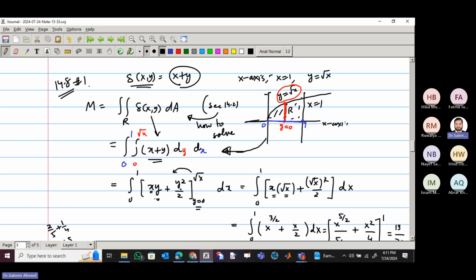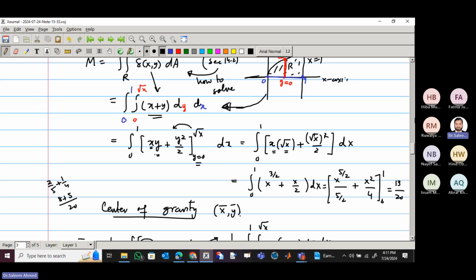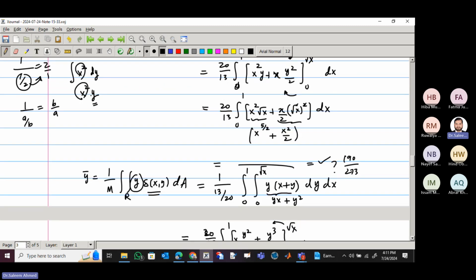Then you don't have to make any picture, nothing. You can just start and solve the integration. And I may give you one with a density function and with the region R where you have to write the limits.